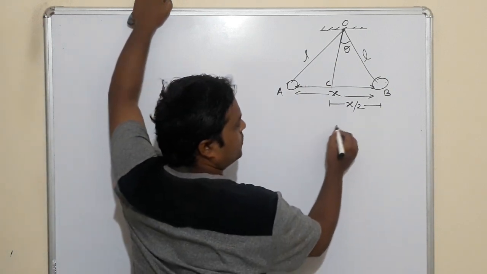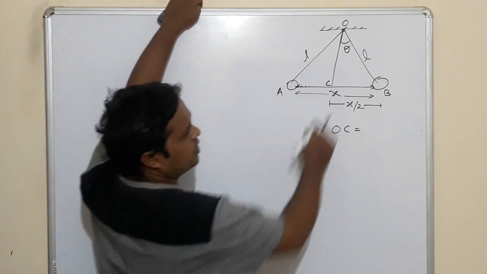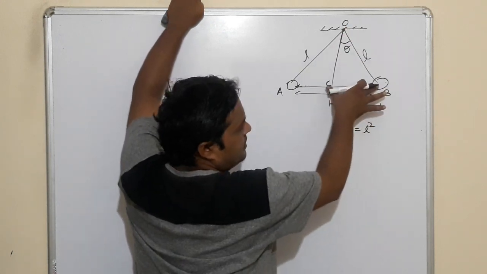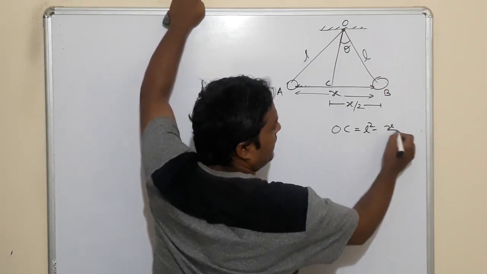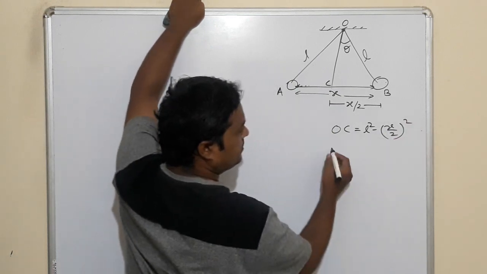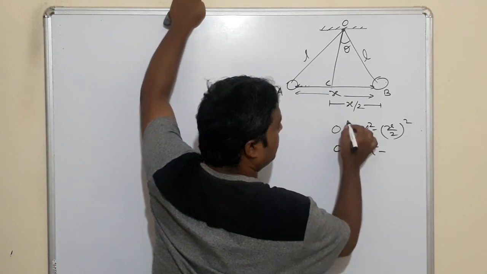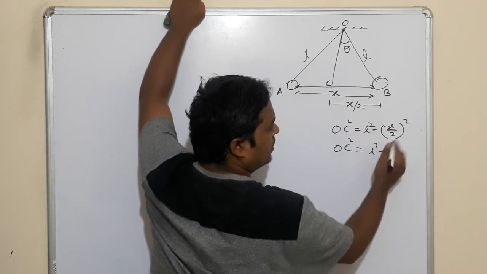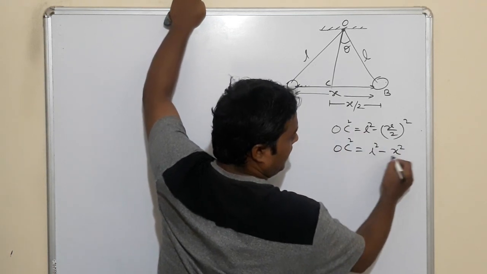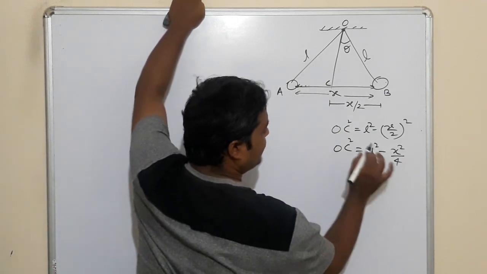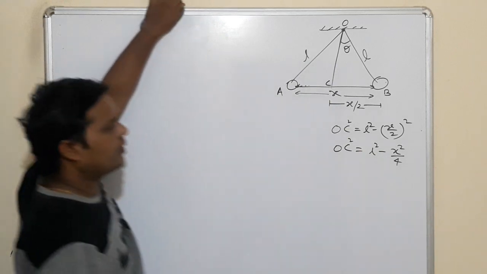And can you write what is OC? OC square is equal to L square minus x by 2 whole square. Then I can write this as L square minus x square by 4. This is the situation. Okay.